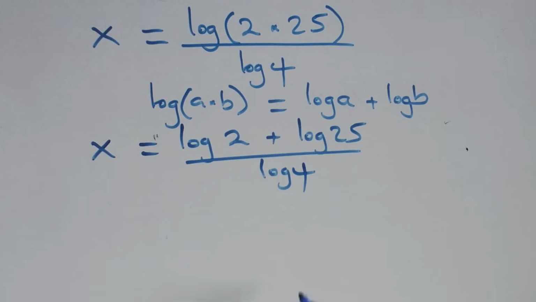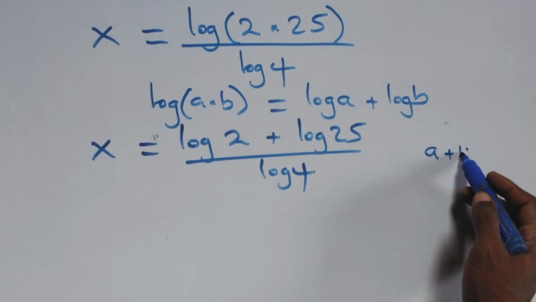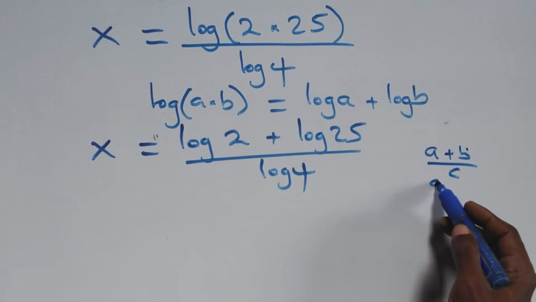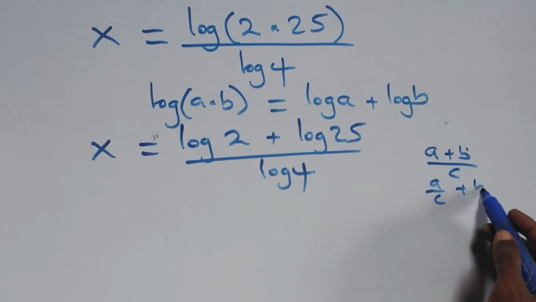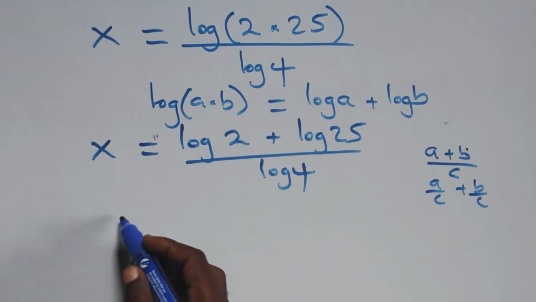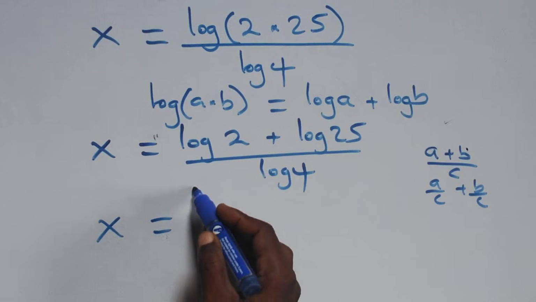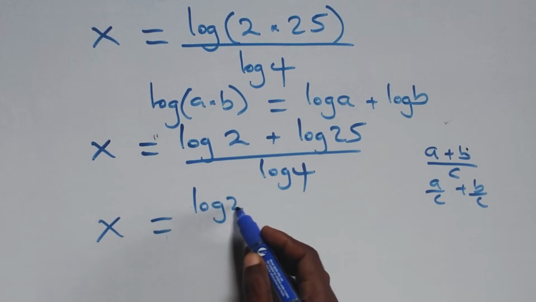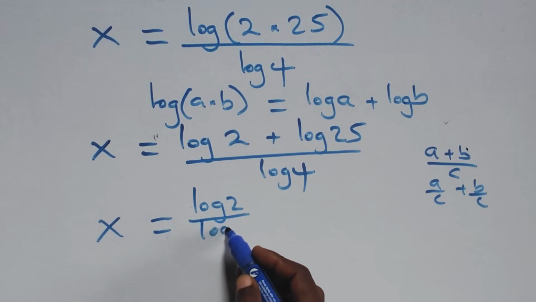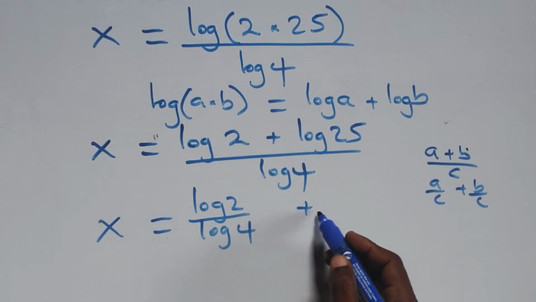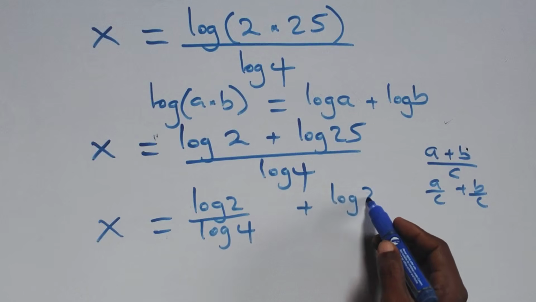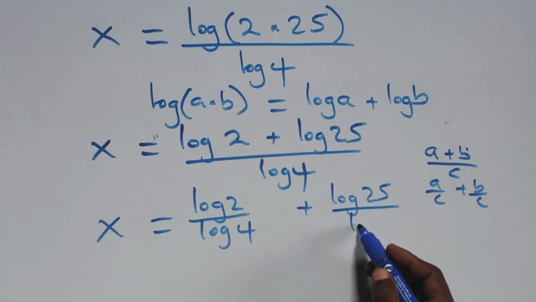That is, this follows when we have a plus b over c, which is a over c plus b over c. Also here we have x equals log 2 over log 4 plus log 25 over log 4.